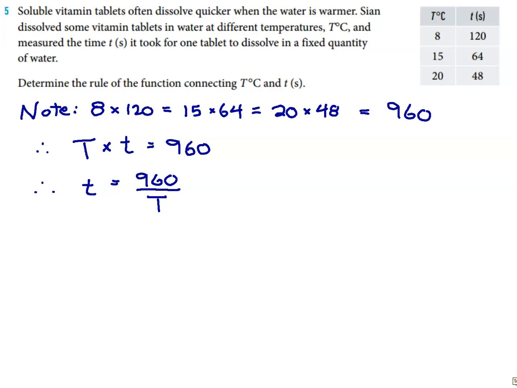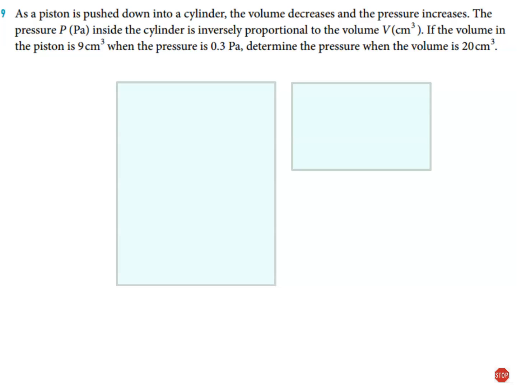Okay, let's move along. This is the last one we're going to do for this video. As a piston is pushed down into a cylinder, the volume decreases and the pressure increases. The pressure P inside the cylinder is inversely proportional to the volume.